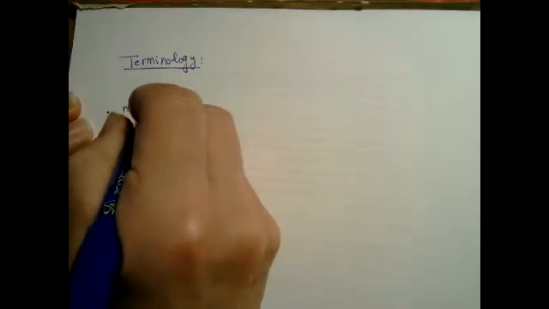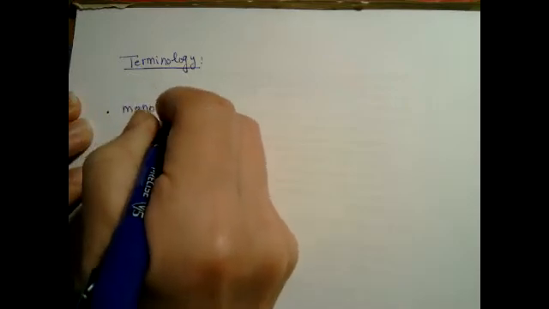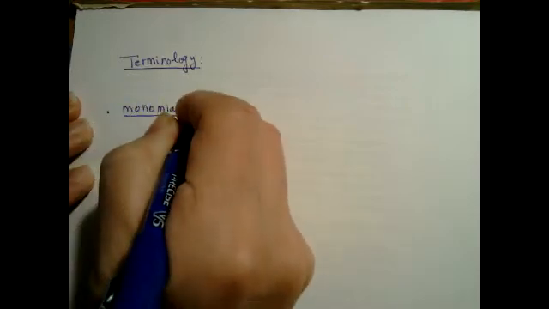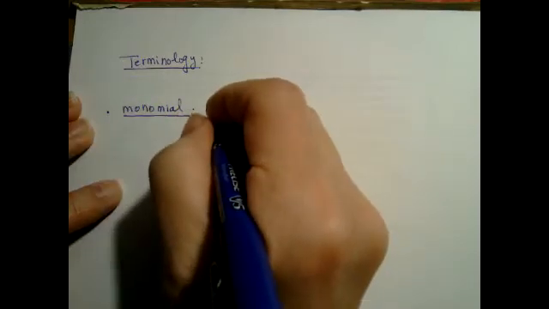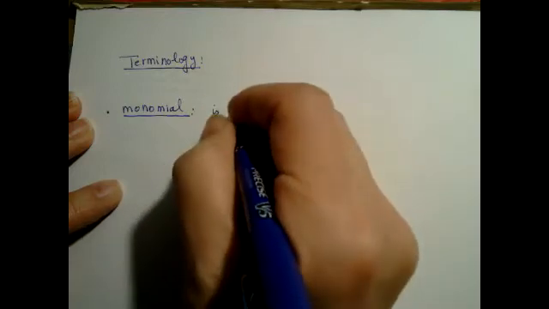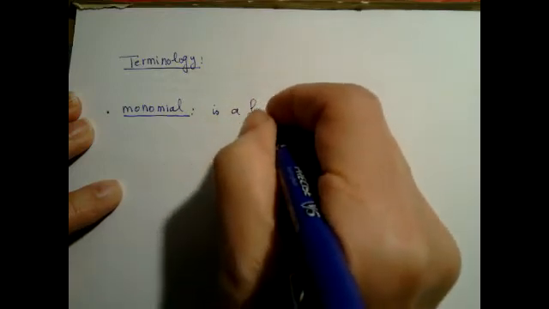But to be able to define it, I need the following. What do we mean in math by monomial? Okay, a monomial is nothing more than an algebraic expression, a function that has a very specific format.